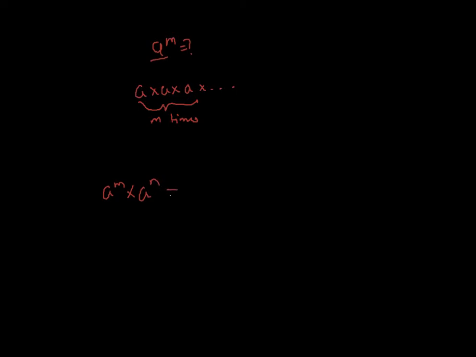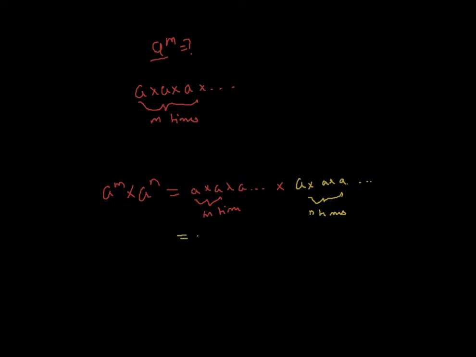So instead of just vaguely counting a into a into a, m times, and again multiplying it by a into a into a, which will be n times, we have some rules which make our work a lot easier.